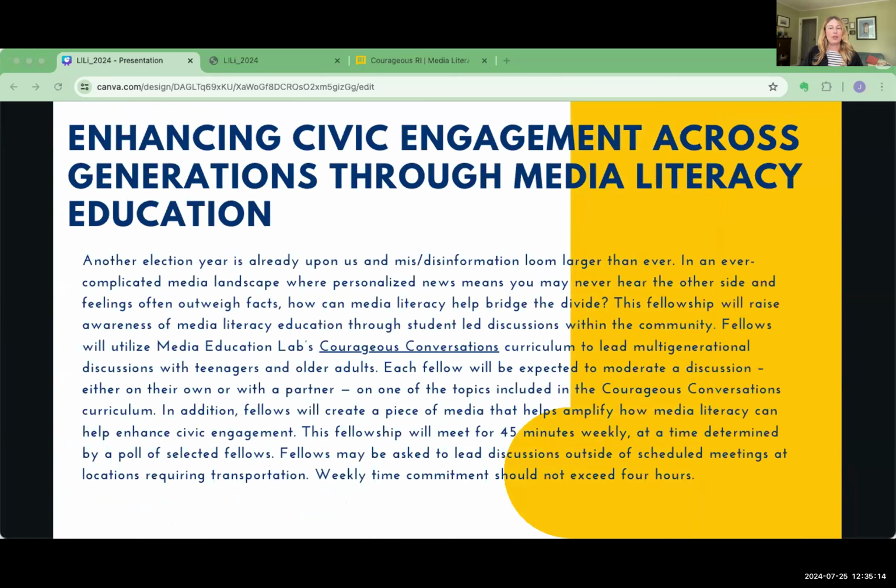And the real heart of the fellowship was the discussions that I knew that I wanted students to lead. But a requirement was also to have a deliverable, and the students' deliverable was any sort of media object they wanted to create that promoted how media literacy can enhance civic engagement.